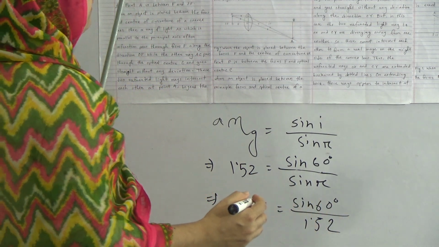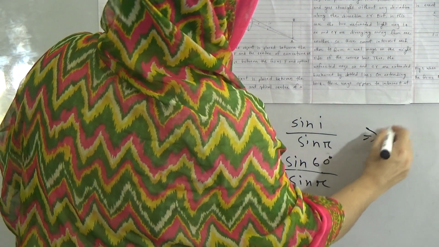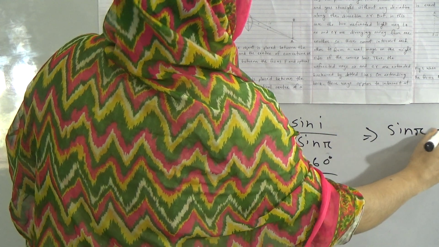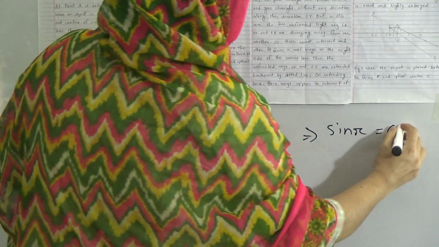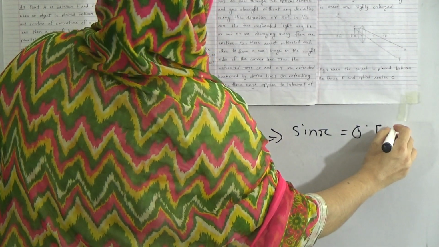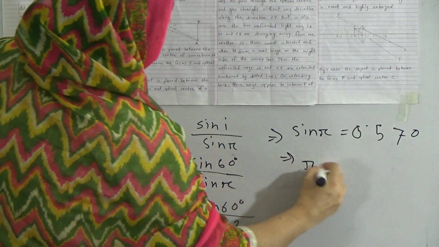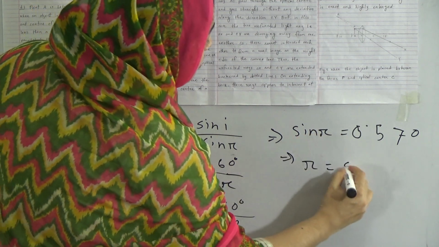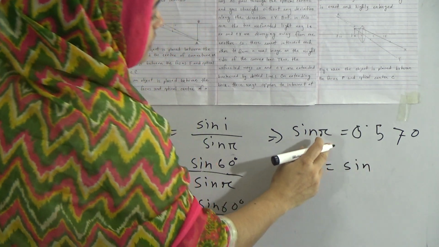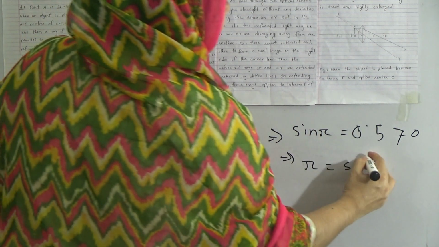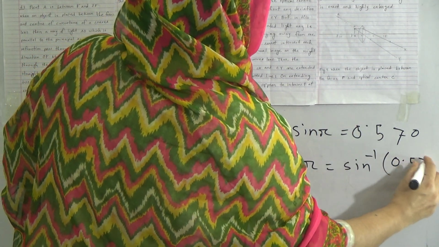So my dear students, by doing this calculation we can find that sin R equals 0.570. Okay, now R equals sin inverse. If we change the side, then it will be sin inverse 0.570.